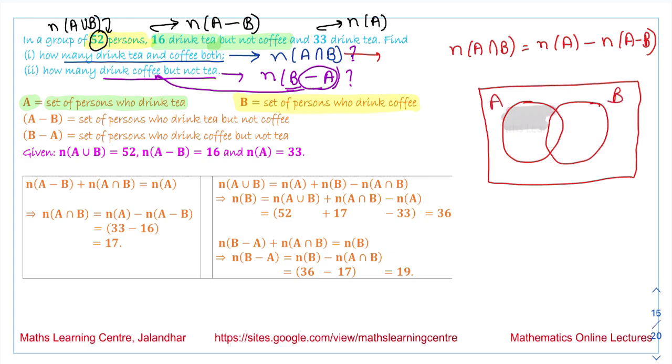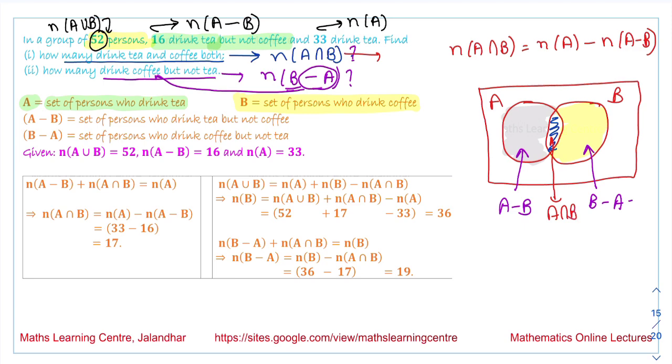This portion over here is representing A minus B. This portion is representing B minus A, and this inner portion is A intersection B.